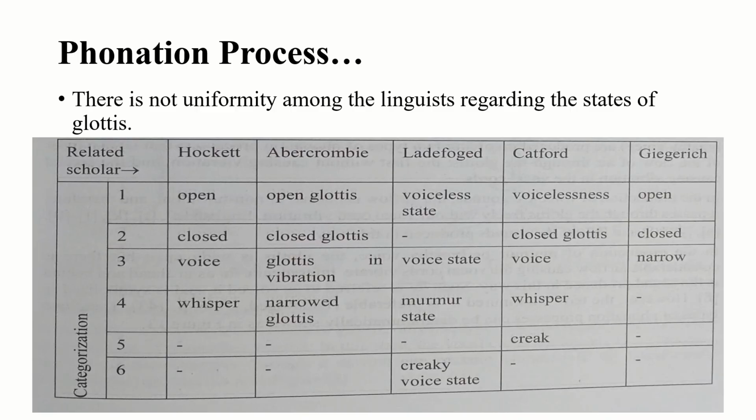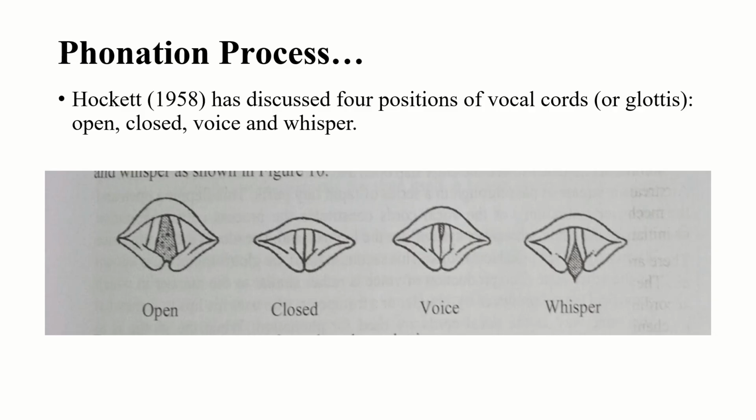On the basis of this table, we can say that different phoneticians have their own argument regarding the different states of the glottis. There is no uniformity among the linguists or phoneticians regarding the states of the glottis.